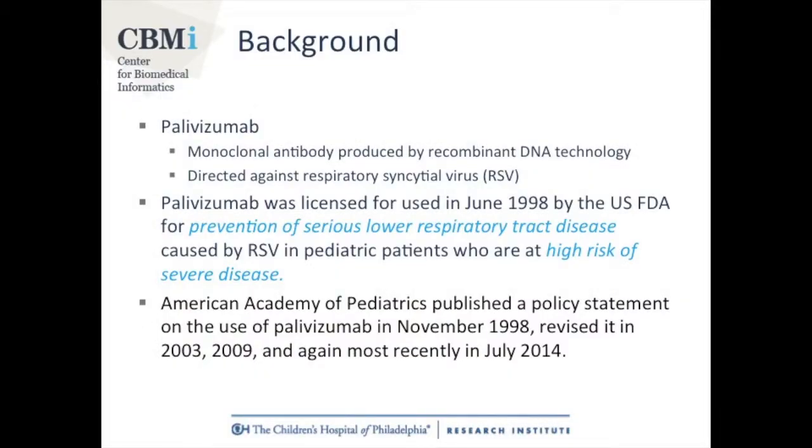They didn't give us much detail in that approval and licensure statement around specifically the guidance for how this should be administered. So the American Academy of Pediatrics published an initial policy statement on the use of palivizumab in November of 1998, and has subsequently gone on to revise this statement in 2003 and 2009, and then again most recently on July 28, 2014.